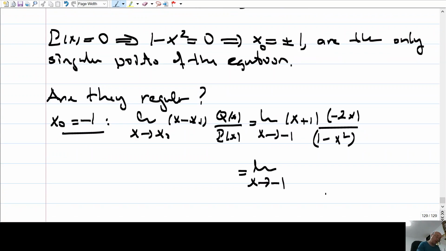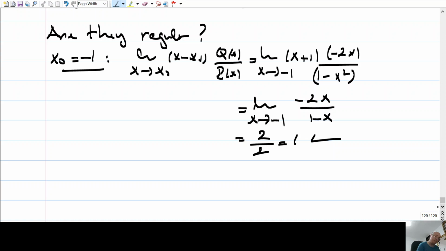As x goes to minus 1, the x plus 1 factors cancel, so I have minus 2x over 1 minus x, and if I plug in minus 1, we get 2 over 2, which is 1, and this limit exists.